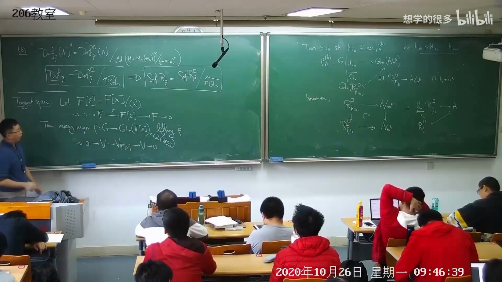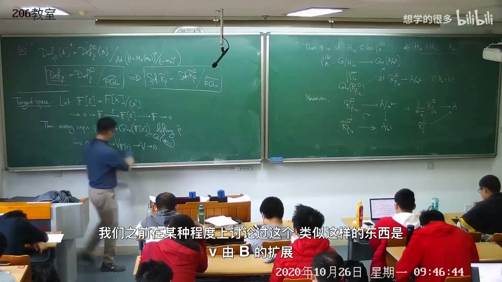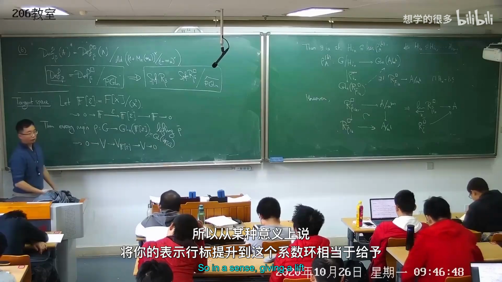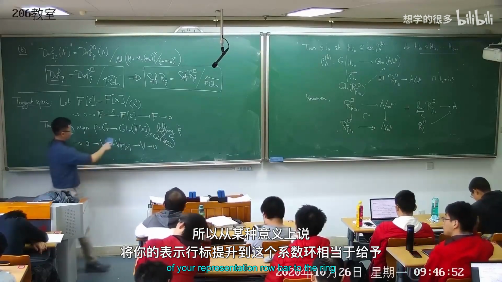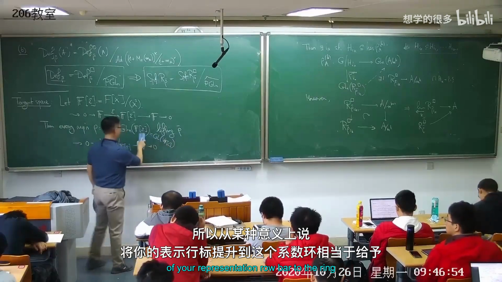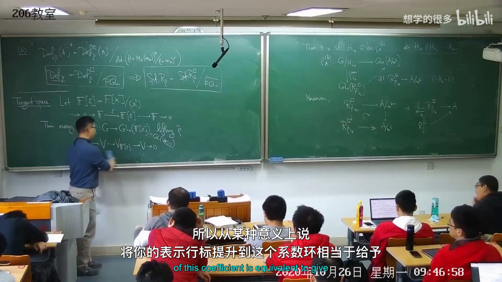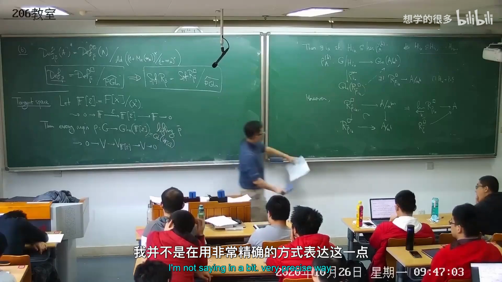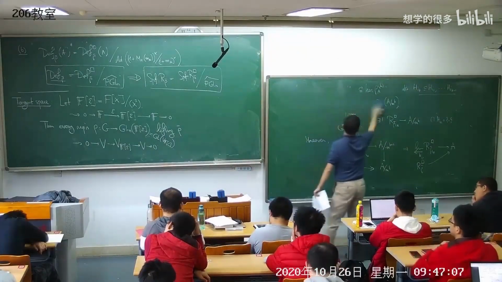Right? We've talked about this: a thing like this is an extension of V by V. So in a sense, giving a lift of your representation rho bar to a ring of this coefficient is equivalent to giving an extension of V with V. I'm not saying this in a very precise way yet, so let's do that.